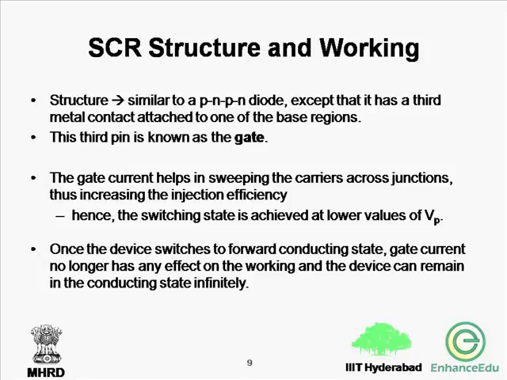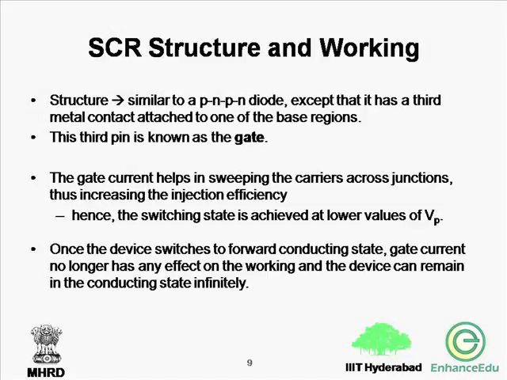The structure and working of the SCR is as follows. The three-terminal SCR is similar in structure to the PNPN diode, except that it has a third metal contact attached to one of the base regions. This third pin is known as the gate. The gate current helps in sweeping the carriers across the junctions, thus enhancing the injection efficiency.